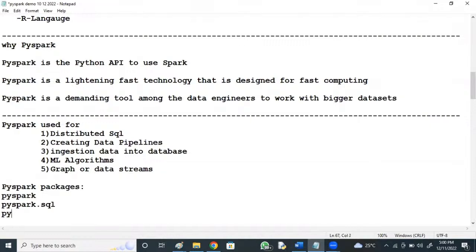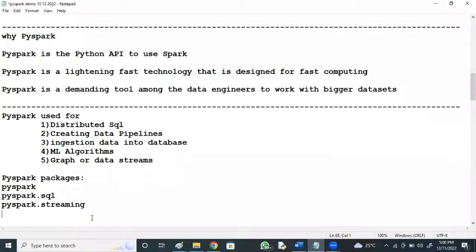PySpark supports many modules and functionalities, even for streaming. With Spark streaming, micro batching, I want quick results. For every 2 seconds, for every 5 seconds, I want updates, right?